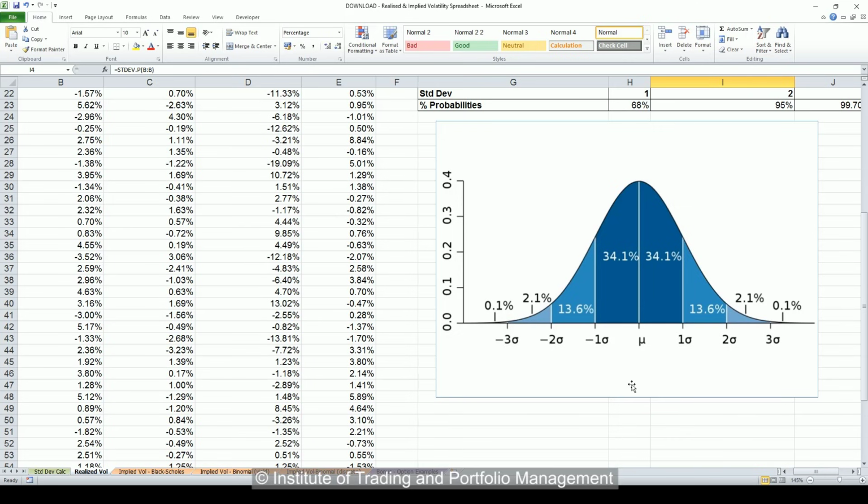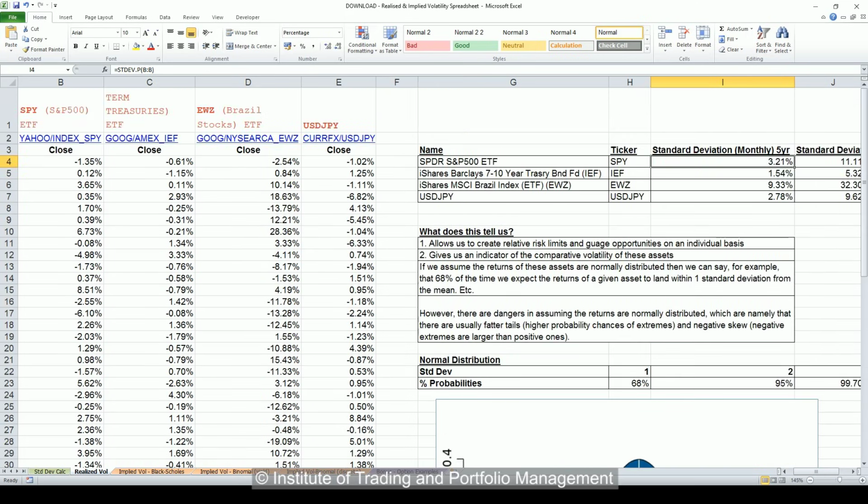You can say things like, for the SPY ETF here, on a monthly basis, there's a 70% chance, roughly, that it will move between +3 and -3% around the mean. Okay, so you can think of it like that.